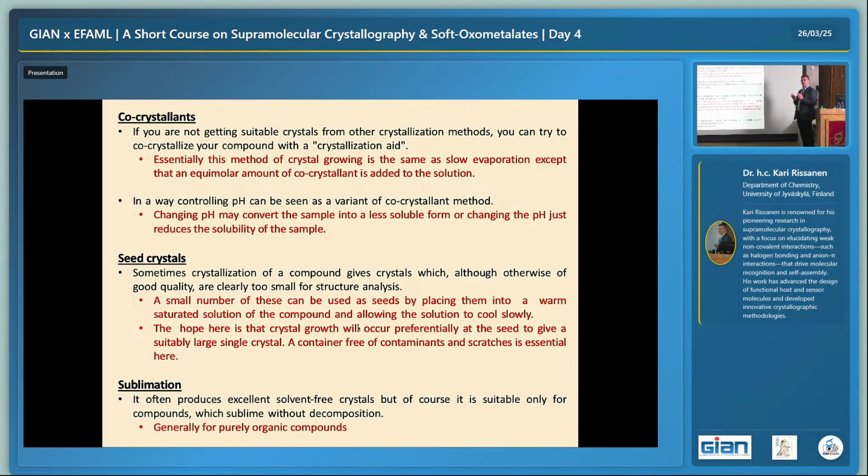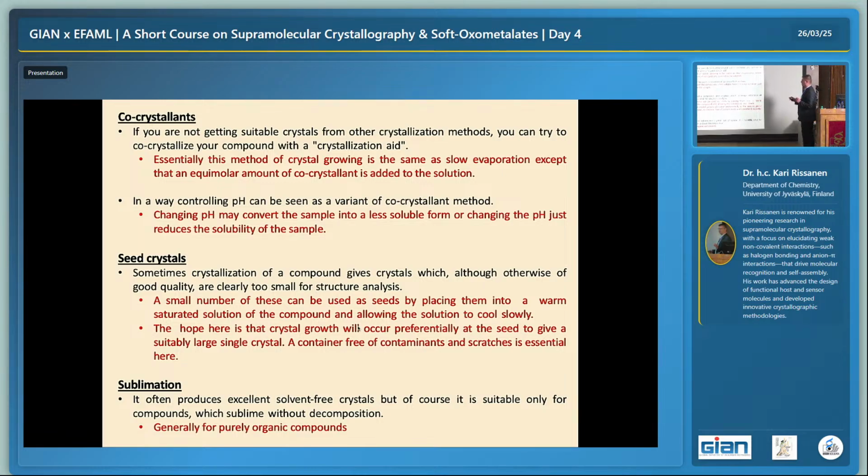But it might be that everything we have done doesn't work. We have done 50 experiments and it always fails. Either we don't get any crystals or we get powder or whatever. Then, depending on the system, we might try adding something, making it deliberately impure.